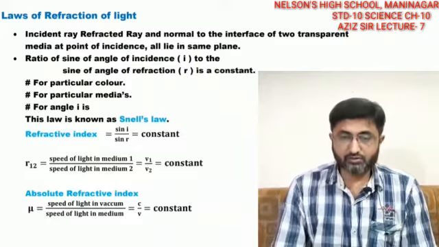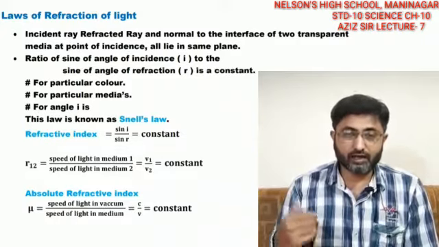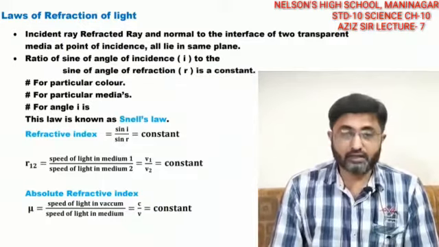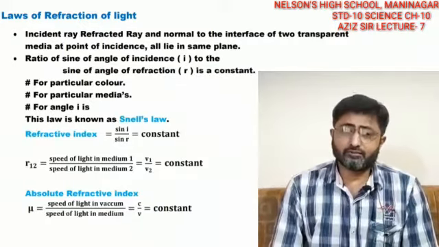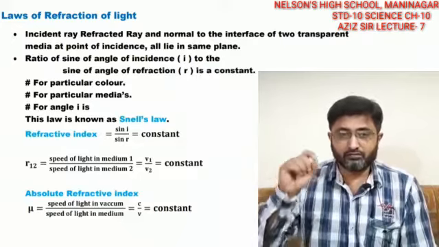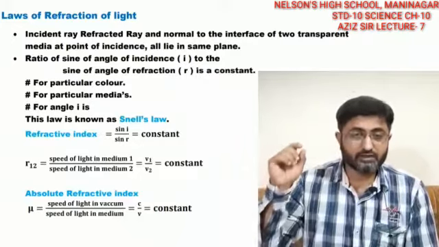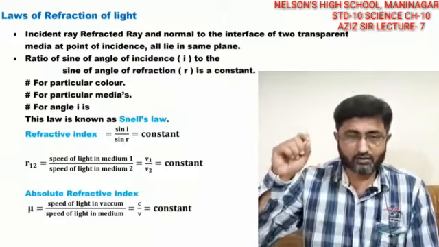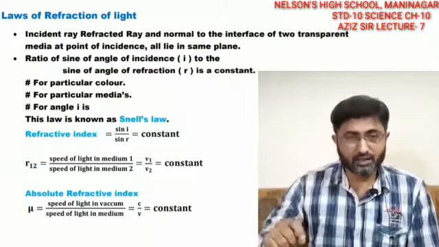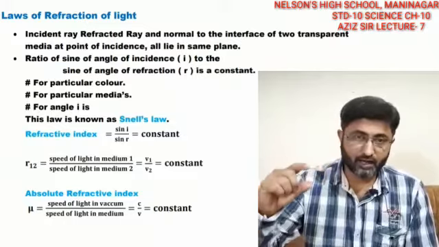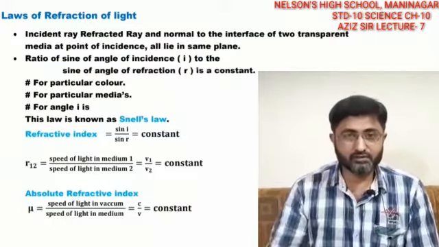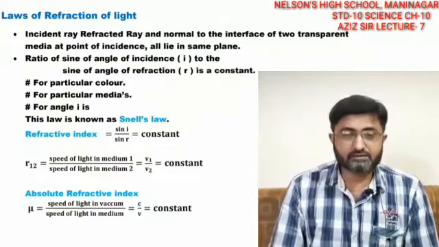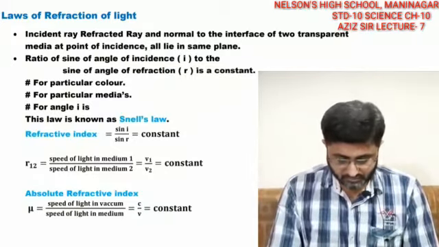Sine of i upon sine of r is always constant, whether from air to glass or glass to air. This ratio is known as the refractive index and the law is known as Snell's law.